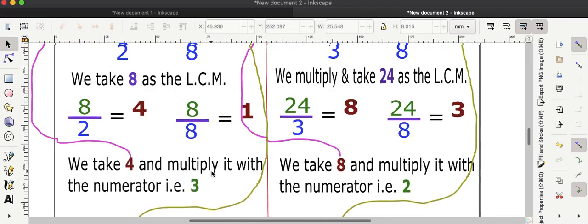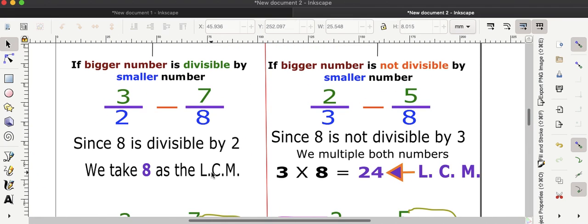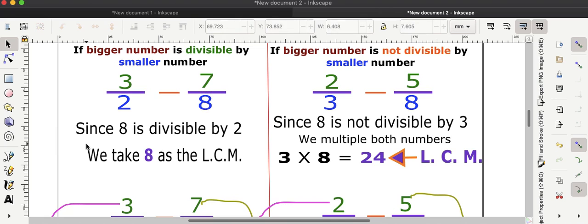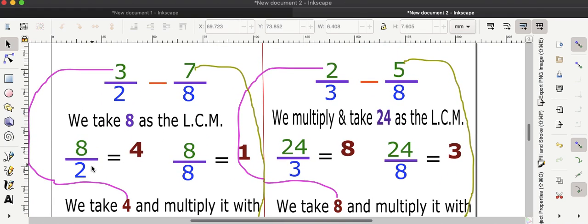So quickly let's look at this example again. If the bigger number is divisible by the smaller number, we take the bigger number as the LCM. So in this case, we take 8 as the LCM. Then we take the LCM and divide it by the first denominator, and then by the second denominator. So 8 divided by 2 is 4, 8 divided by 8 is 1.